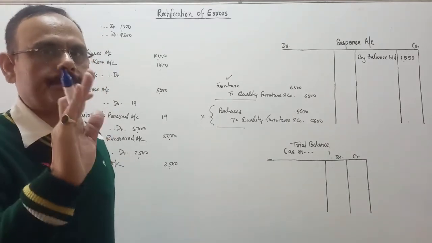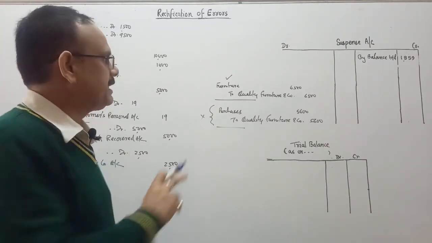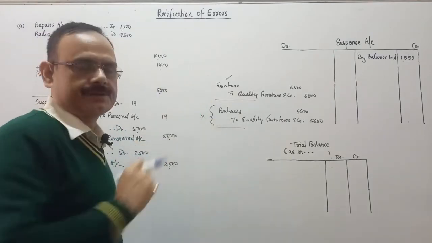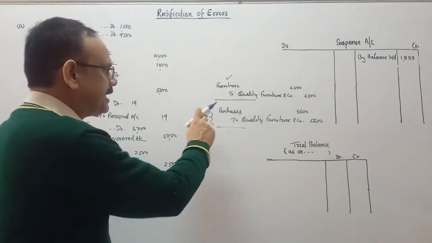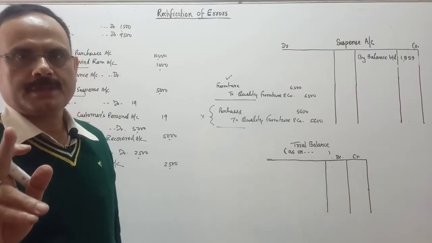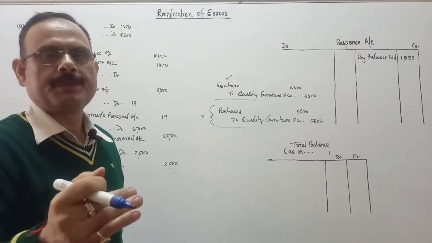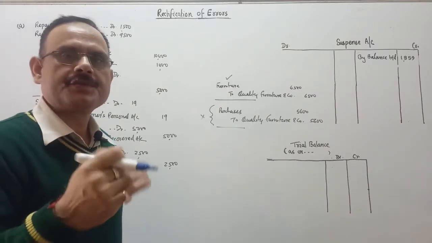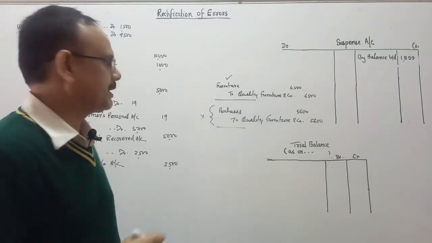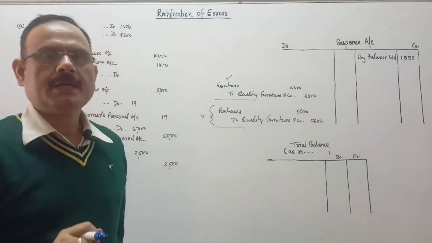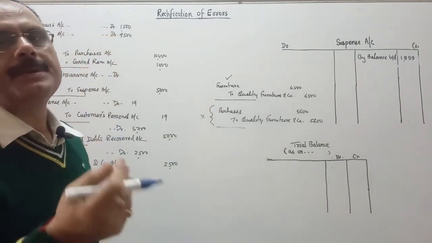One is error of principle. Furniture is the asset and purchase is the expense. So the accountant failed to discriminate between revenue expenditure and capital expenditure. Purchase is the revenue expenditure and furniture is the capital expenditure.